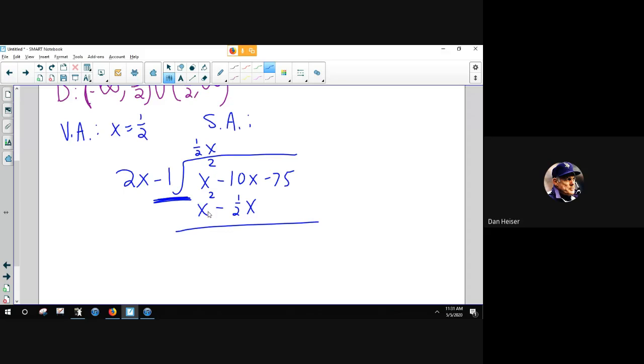X squared minus x squared is nothing, which was our goal there. -10x minus -1/2 x. -10 minus -1/2 becomes -10 plus 1/2 becomes -9.5, which we will make -19 halves.